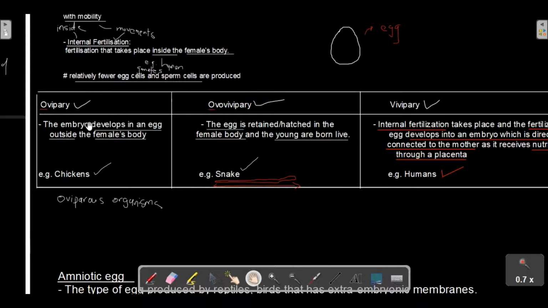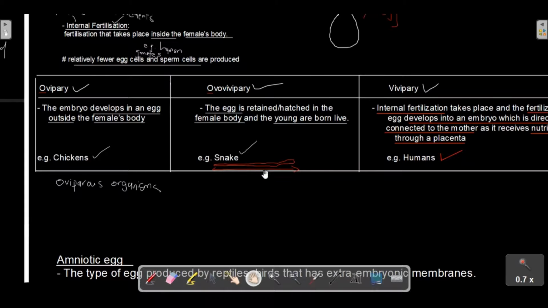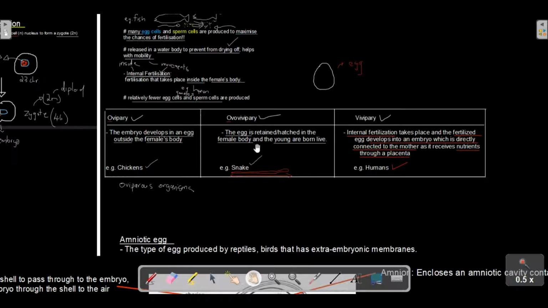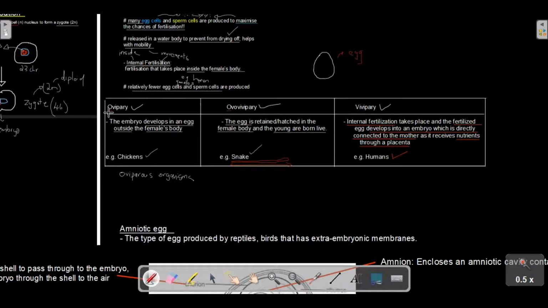Oviparous means having eggs outside the female's body, and ovoviviparous means the eggs hatch inside the female's body. It's very important again, guys, that you are able to differentiate between these three types of reproductive strategies.